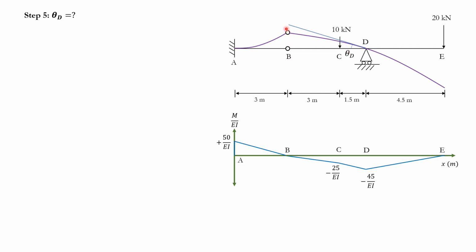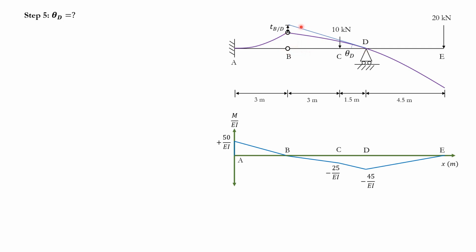That would be just TB with respect to D, because I'm drawing the tangent from D and I'm measuring the deviation of the deflected curve from B. But wait a minute, I know this. This is the deflection at B that I already found from the left side of the beam.